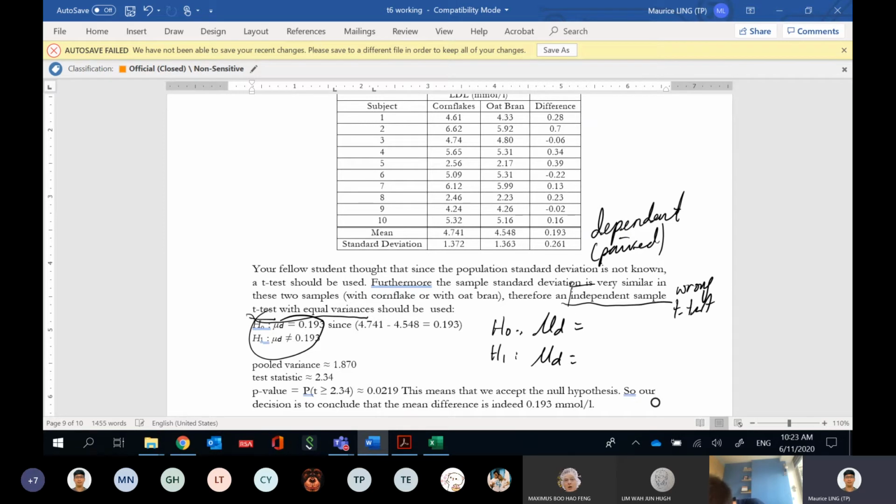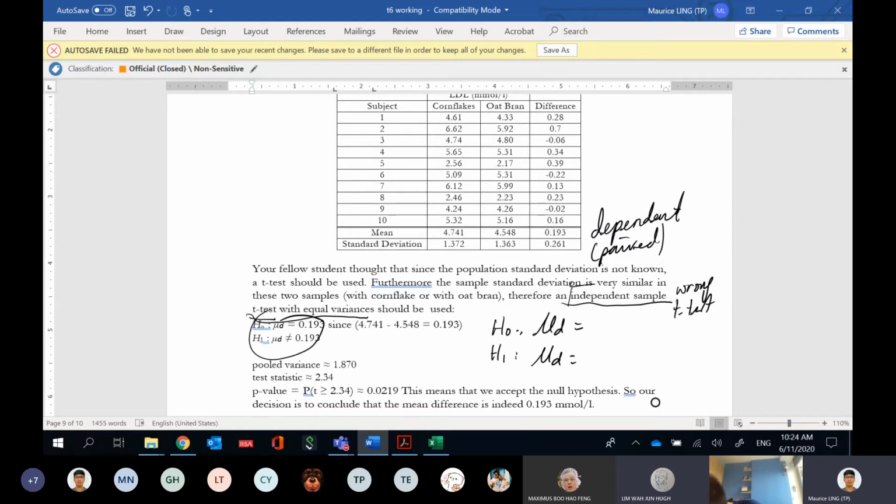Then what should mu d equal to? The d should be the combined differences. I guess the d would be the standard deviation of the differences.